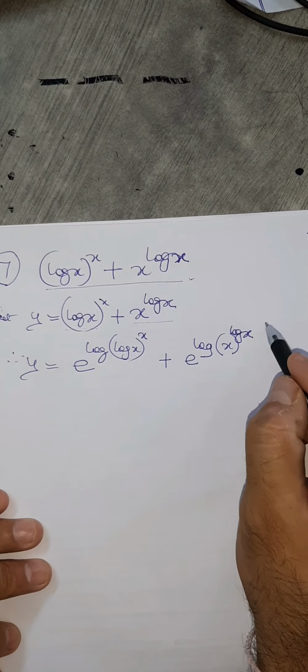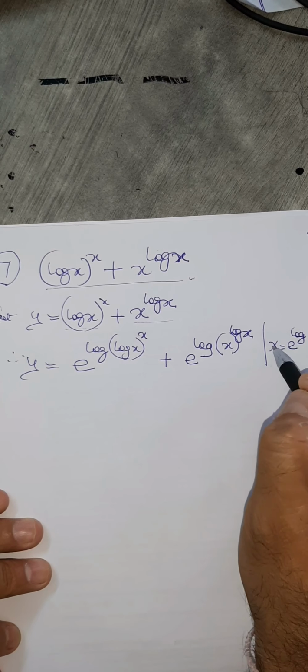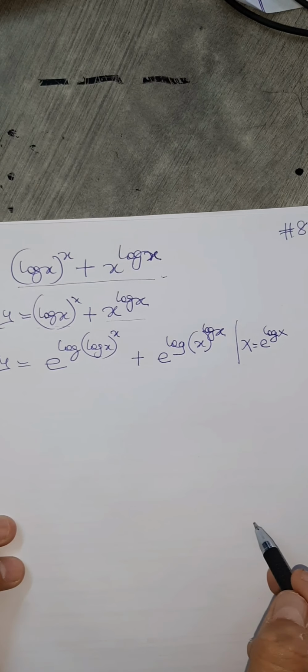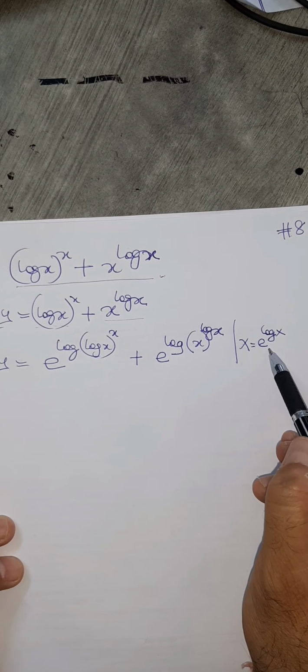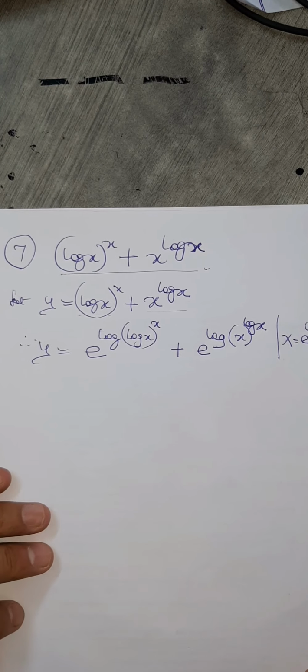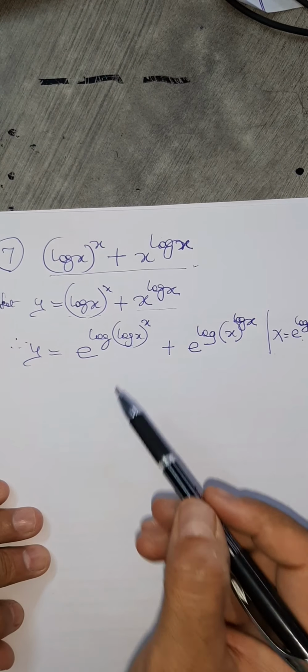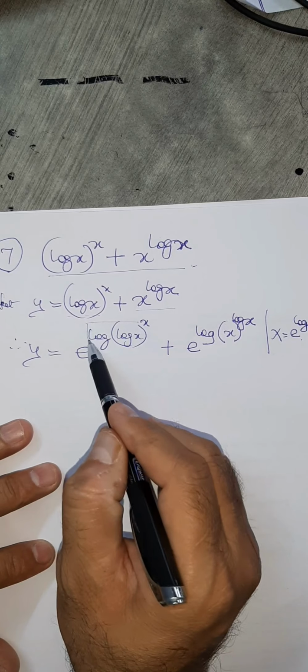Which concept have you used? x equals e raised to log of given x. That's what you have used. x equals e raised to log of x. Okay. Now you see both are in which form? e raised to, before that I'm sorry, I need to take this one in product.